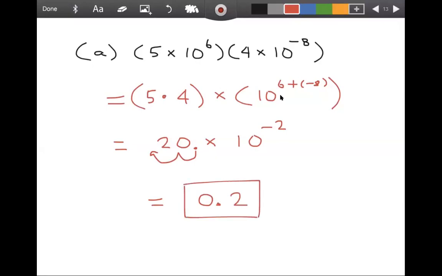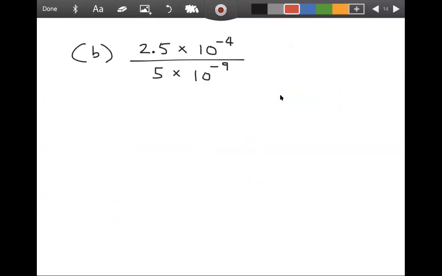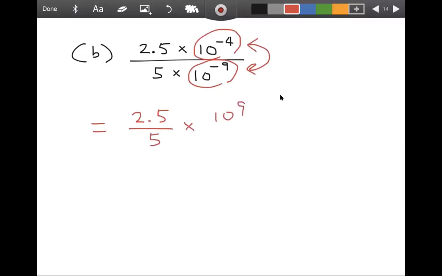All right. And for the last example, we have 2.5 times 10 to the negative 4 divided by 5 times 10 to the negative 9. So what I would suggest is have these two switch places because they have negative exponents. And we'll do 2.5 divided by 5 times 10 to the 9 divided by 10 to the 4. 2.5 divided by 5 is 0.5.